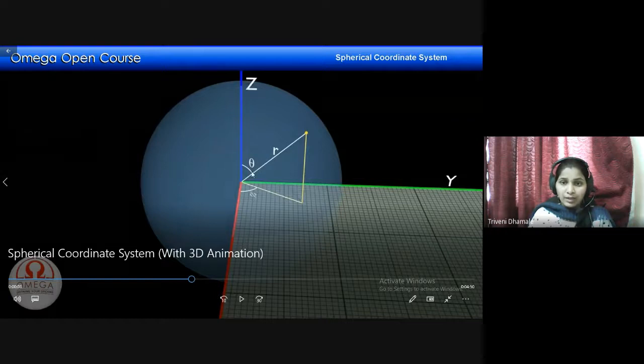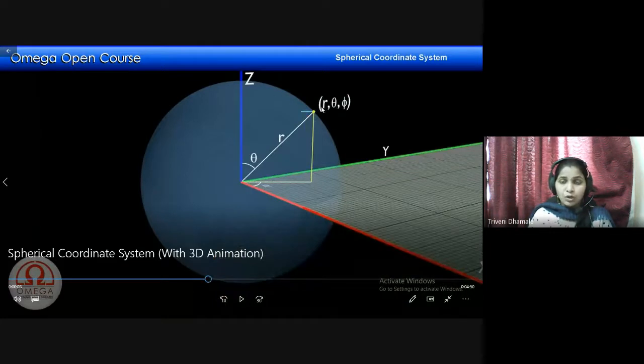So there are two angles, the vertical angle and the horizontal angle: 360-degree rotation and 180-degree rotation. The coordinates for this point P are r, theta, phi.